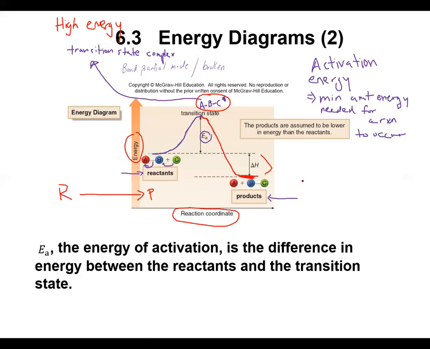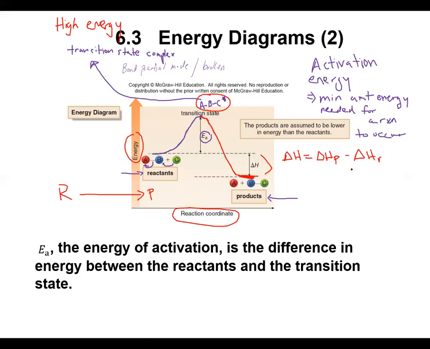So delta H is the difference between the energy of our products, which is where we ended up, minus the energy of our reactants, where we started. Again, we're not going to get into those calculations, but you can actually calculate these values.